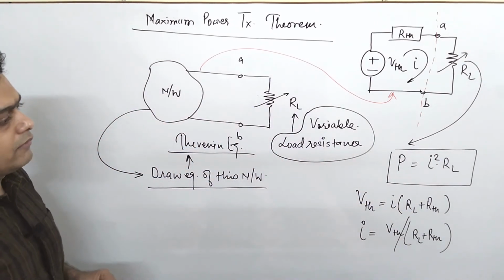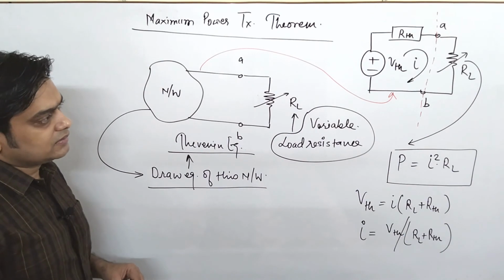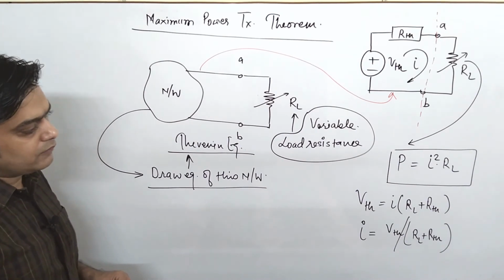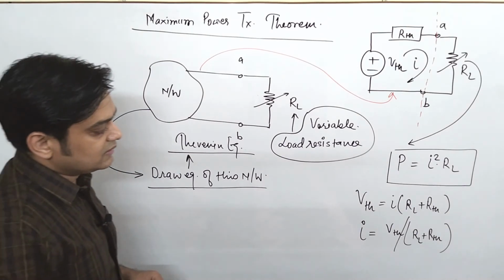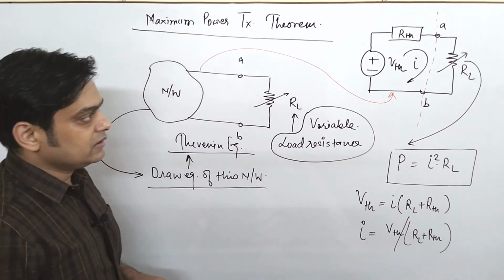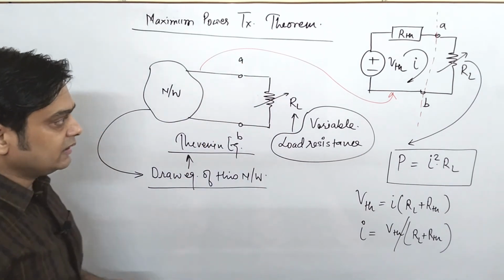This is your value of current I, which is the Thevenin voltage divided by the sum of the load resistance and Thevenin's resistance, the current flowing in this network.